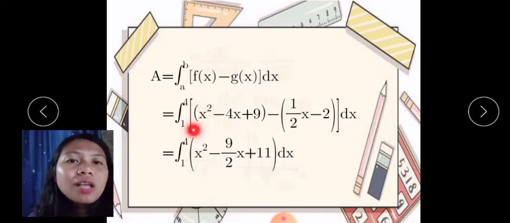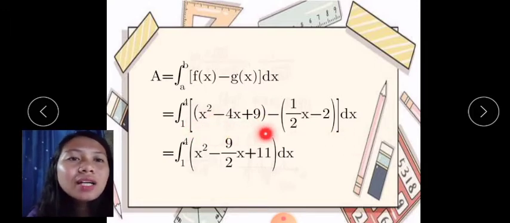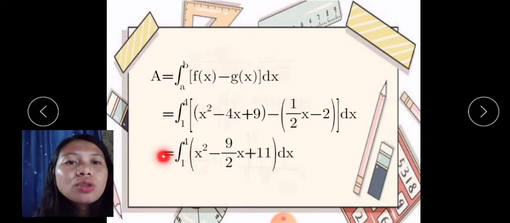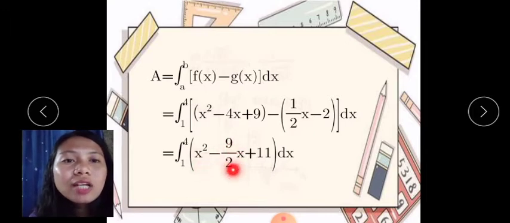So now we can simplify these two functions. So we have the integration from 1 to 4 of x^2 - 9/2 x + 11 dx.